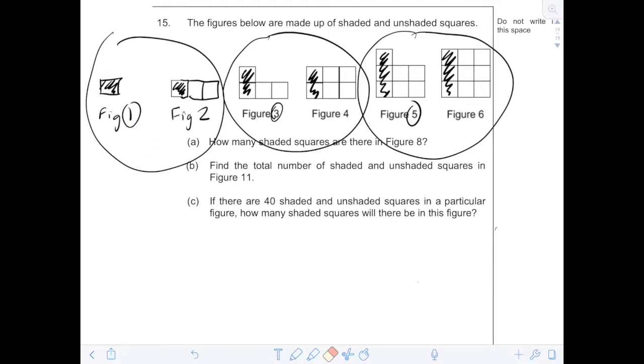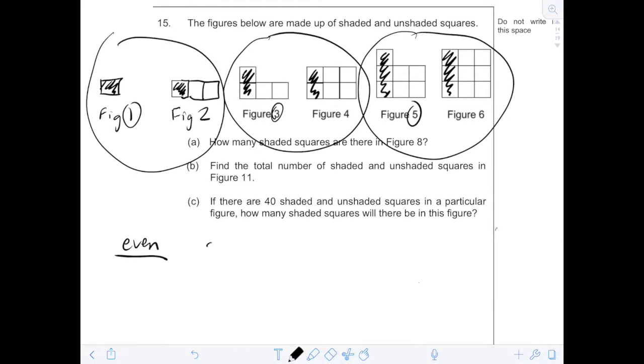So what you need to do here is use this formula. If it's even, the formula will be shaded equals figure number divided by 2.